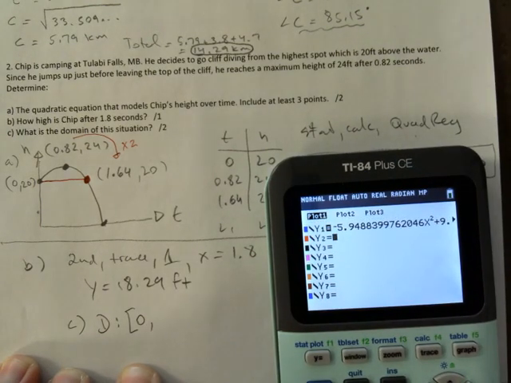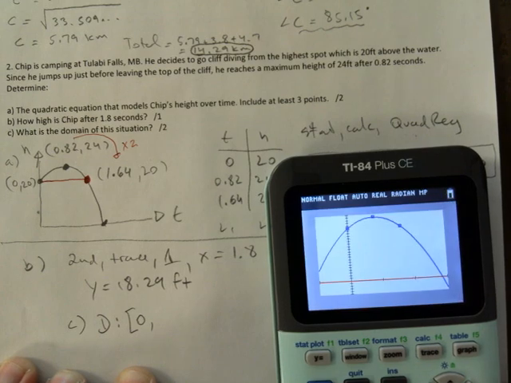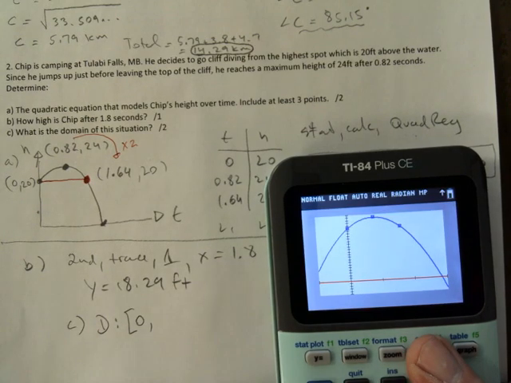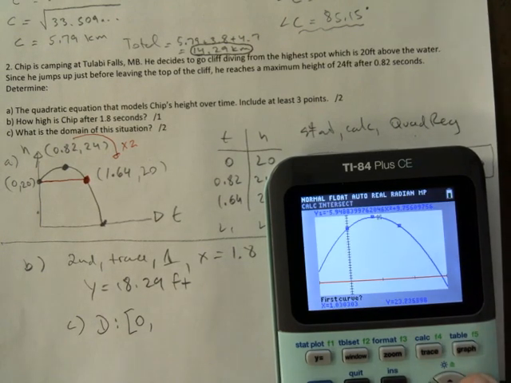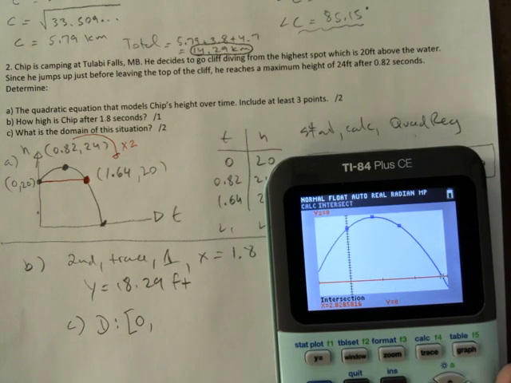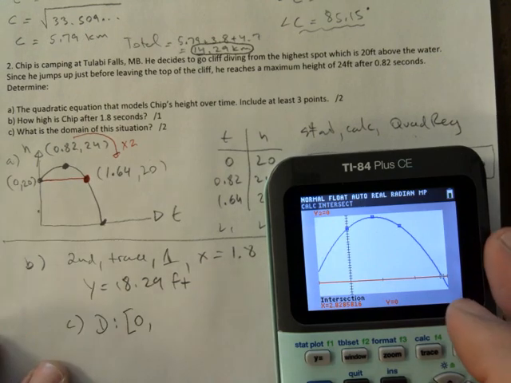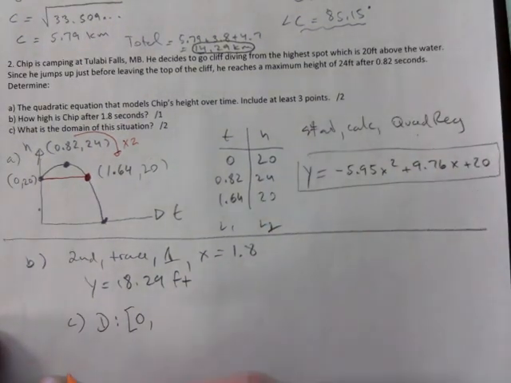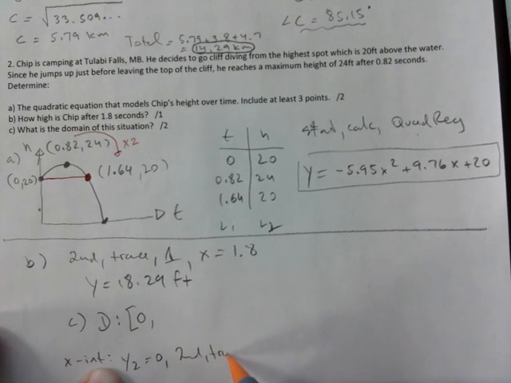Let y2 be 0, graph that, and then we go second trace 5, get a little closer to that one there, enter, enter, enter. So it's 2.83. So I'll show that work here. The x-intercept, let y2 equals 0, and then second trace 5, and that is 2.820.